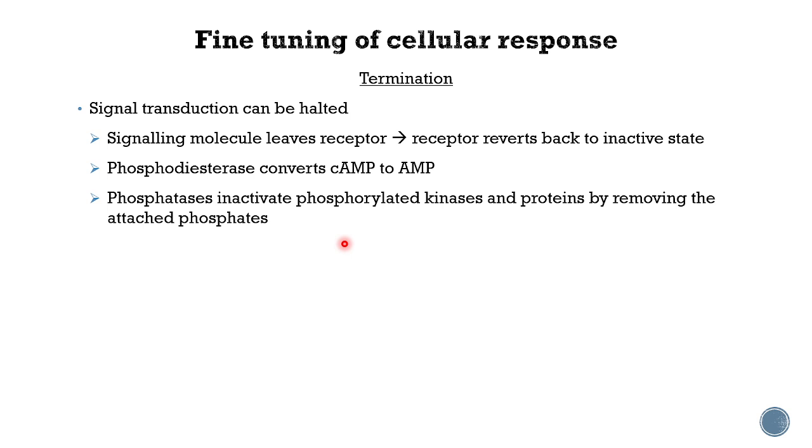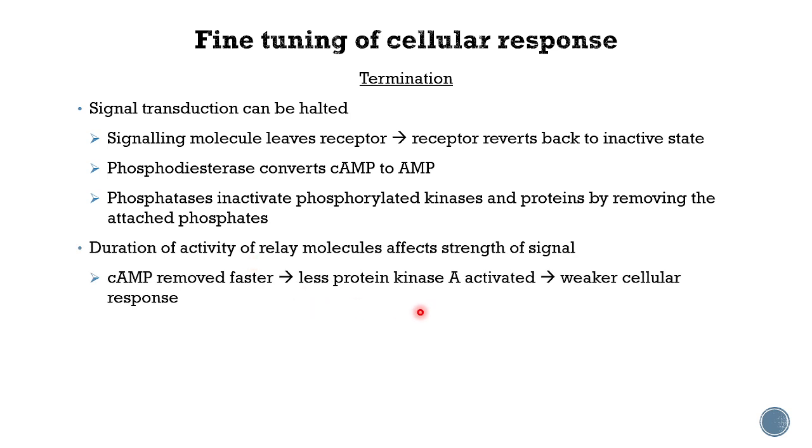Once signal transduction stops, obviously there's no longer the trigger for any more cellular responses. So the cell stops responding once the signaling molecule leaves and the rest of the activated molecules inside the cell become inactivated. So that's termination.